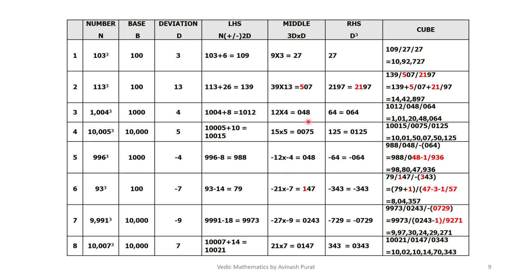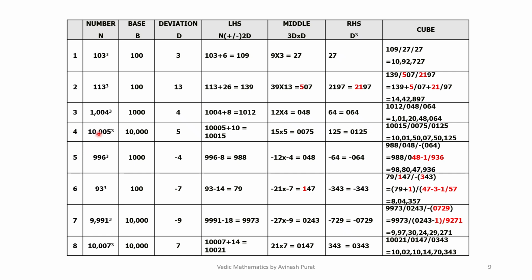Zeros are added to the middle and right hand terms because the base has 3 zeros. That gives us cube value 1012 stroke 048 stroke 064, that is 101248064.